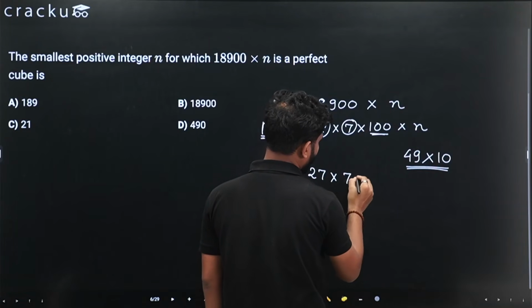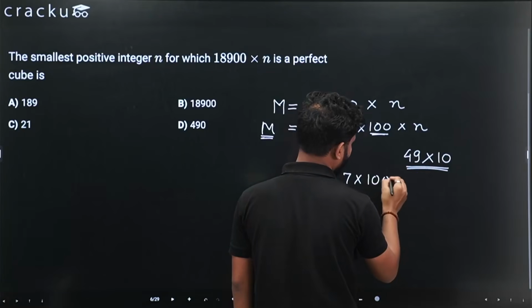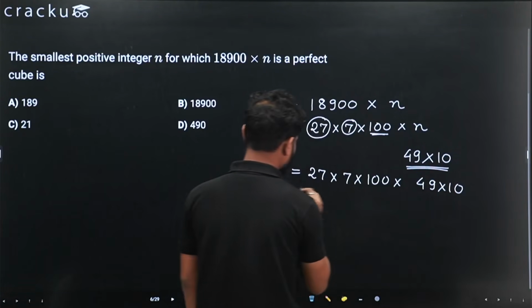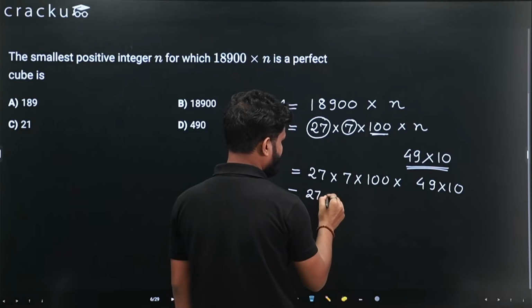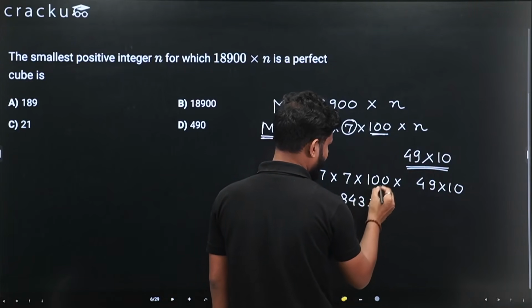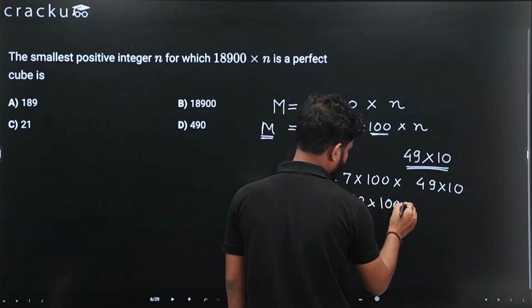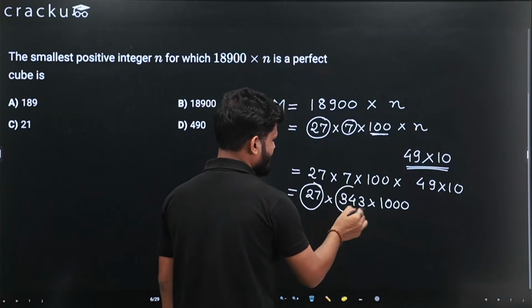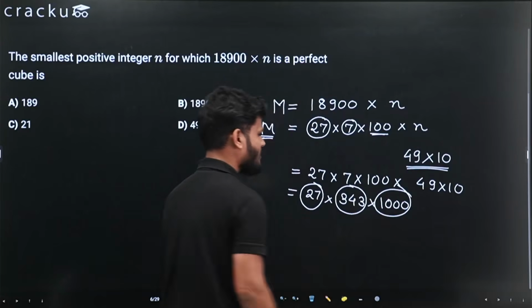If I multiply, I will get 27 into 7 into 100 into 49 into 10. So I can write 27 into 7 into 49, which is 343, and 10 into 100 is 1000. So this term is a perfect cube, this term is a perfect cube, and this term is also a perfect cube.